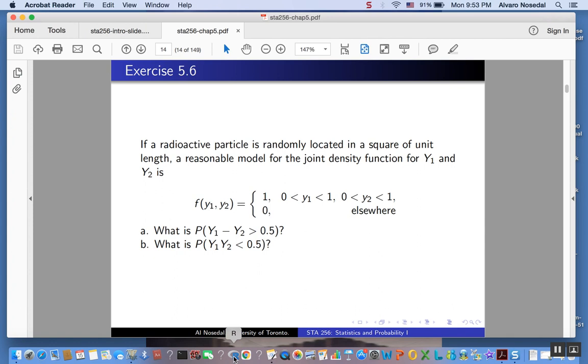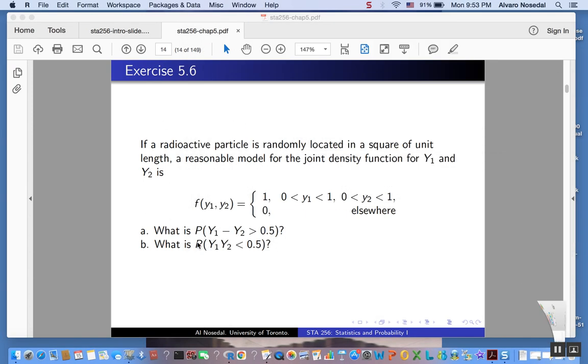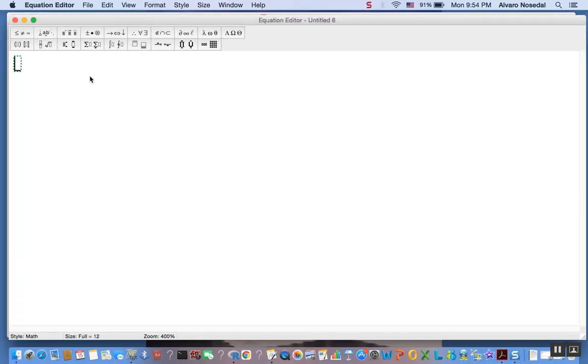Let's find the probability that y1 minus y2 is greater than 0.5. So we want the probability that y1 minus y2 is greater than 0.5, right?